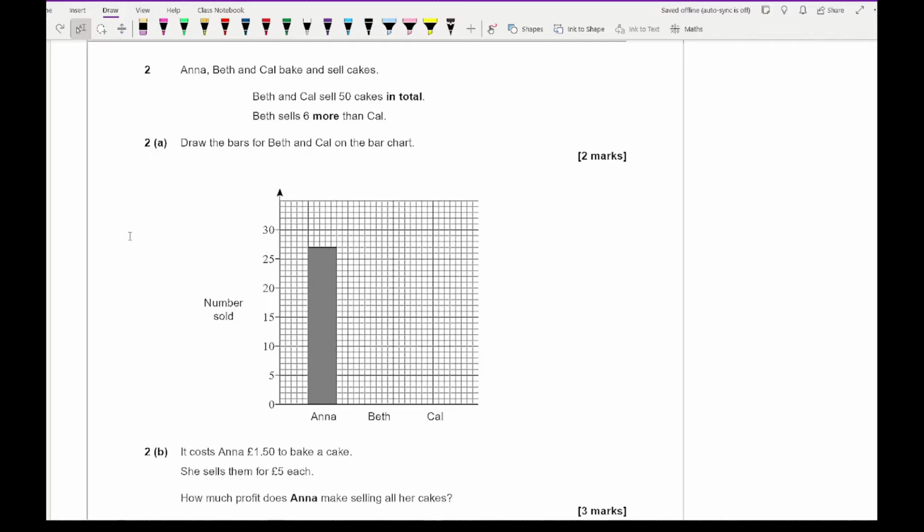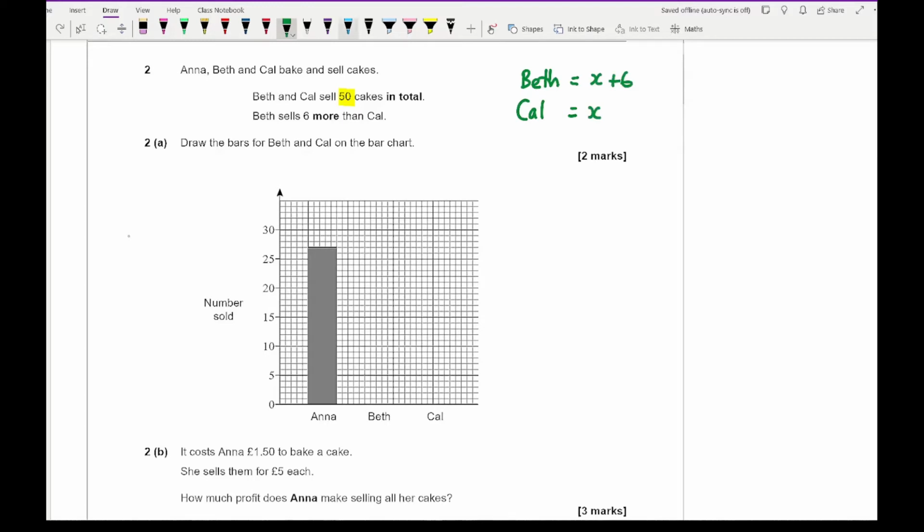Now there are several ways in which we can work this out. We know that both of these 2 people combined need to add up to 50. We don't know either result, but we know that Beth has 6 more than Cal, so Cal has less. Let's put Cal as x, so Beth is x plus 6.